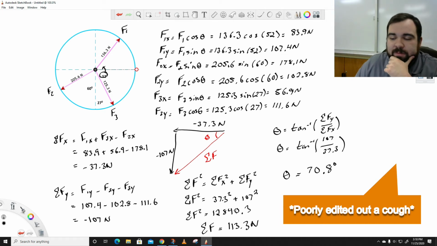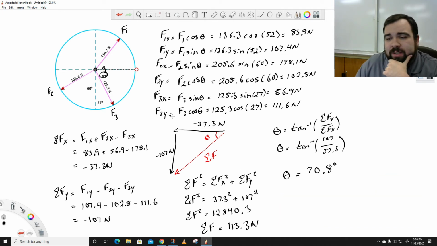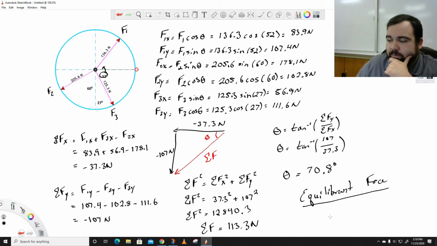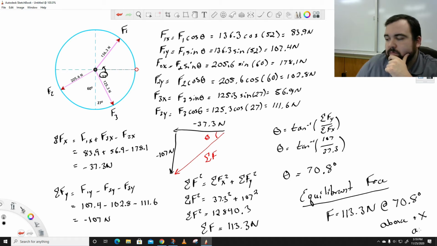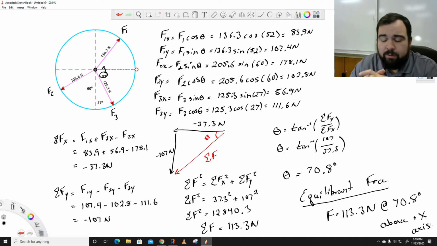So if we have 113.3 directed down into the left at 70.8 below the negative x, our equilibrium would have to be the same value but up and to the right, above the positive x-axis. So that's how we go about solving for the equilibrium force.